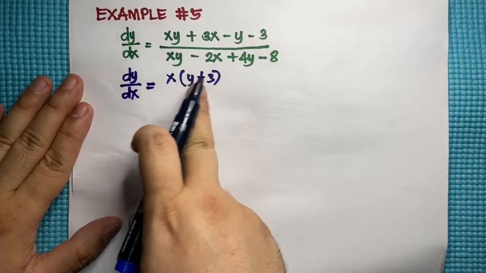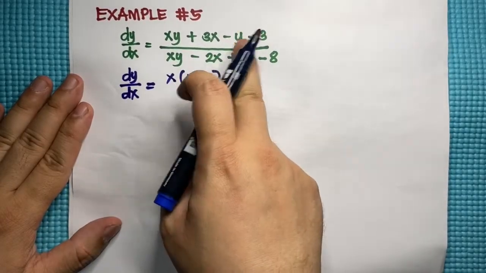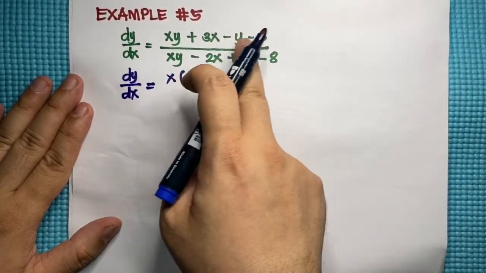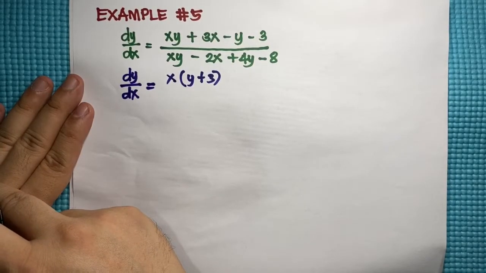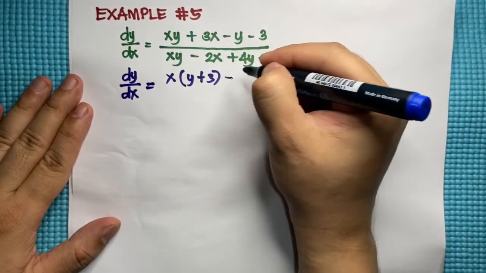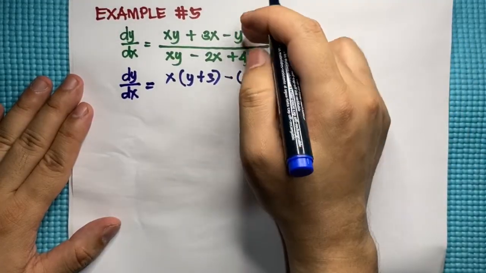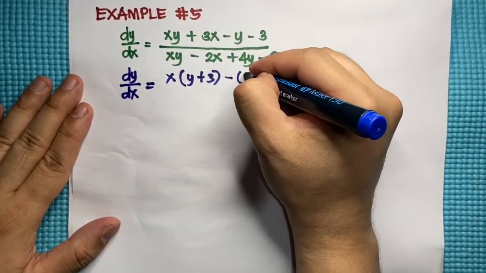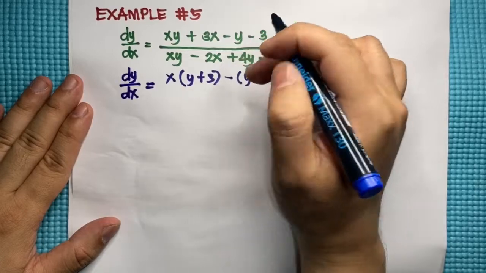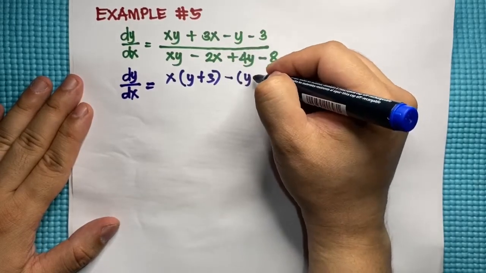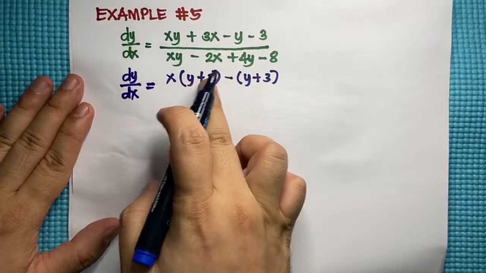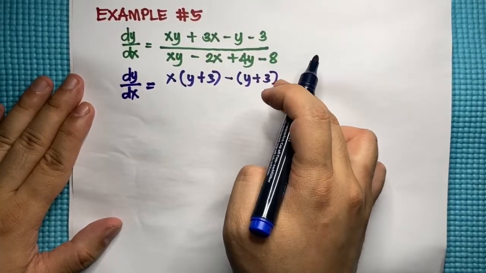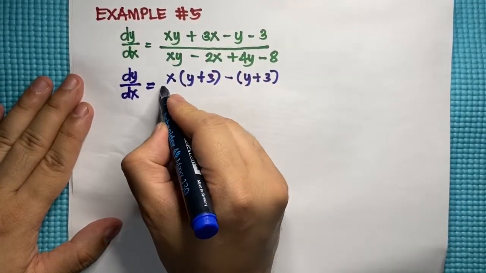And as you can see here, we have a y plus 3, but the remaining one is negative y minus 3. So here, I can factor out a negative 1. Negative y divided with negative 1 would be positive y, negative 3 divided with negative 1 would be positive 3. So as you can see here, y plus 3 is common again on the numerator.